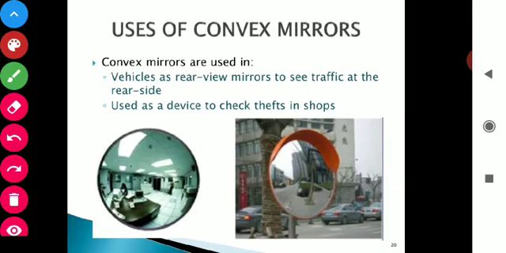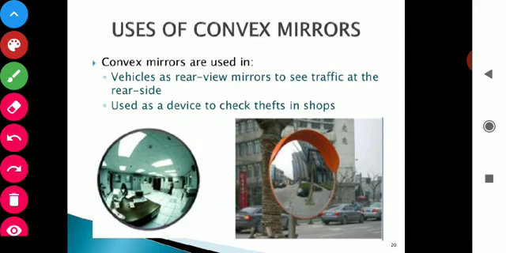So students, the next topic is the use of convex mirror. Very simple, beta. These are used as rear view mirrors in vehicles to see the traffic at the rear side. Why is it used here? Because it covers a lot of area.